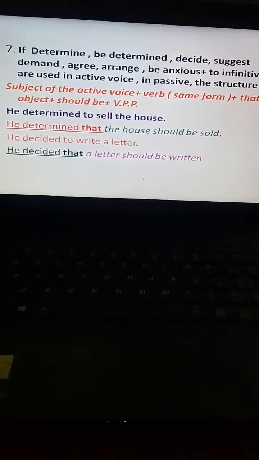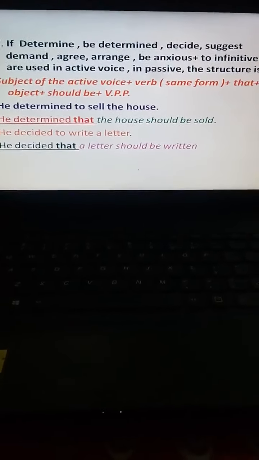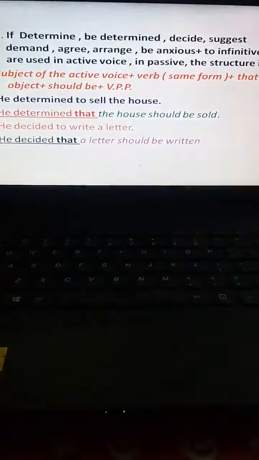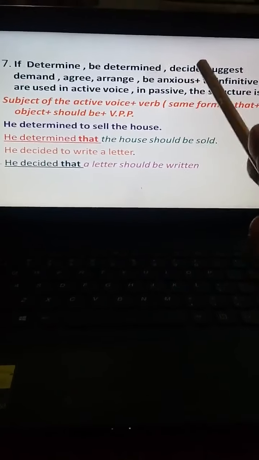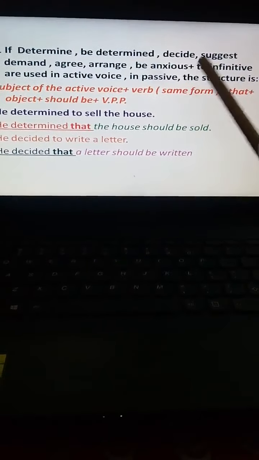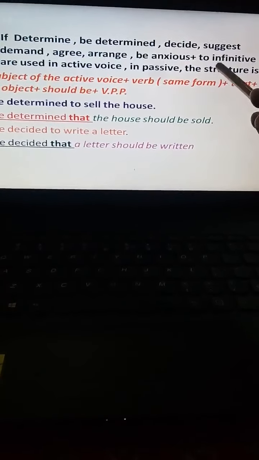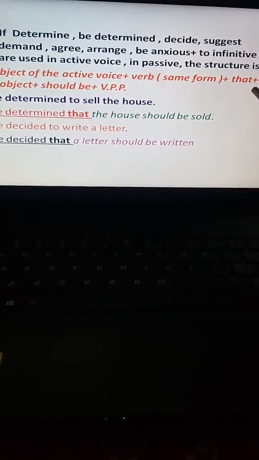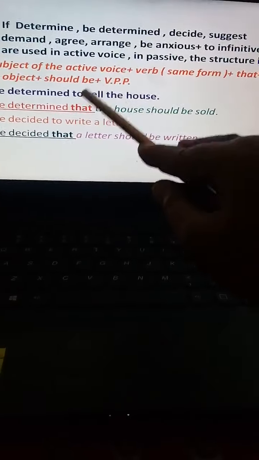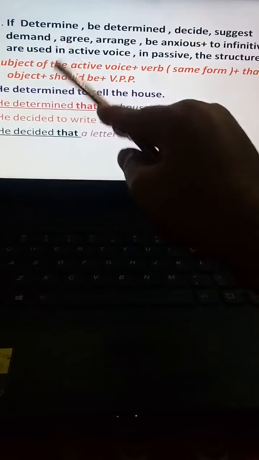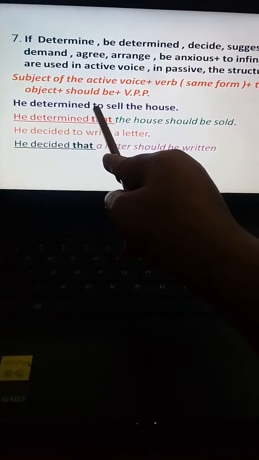In the passive voice, the structure is: the subject of the active voice should be unchanged, and the verb is written in the same form, that means the verb cannot be changed. After that, instead of to, you must use that. Then you can change the second part of the sentence. For example, he determined to sell the house.